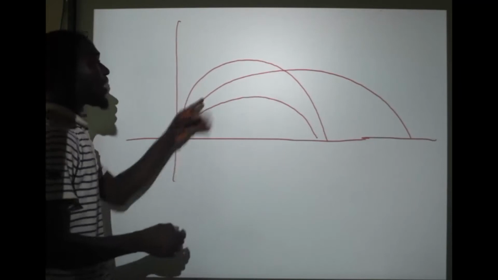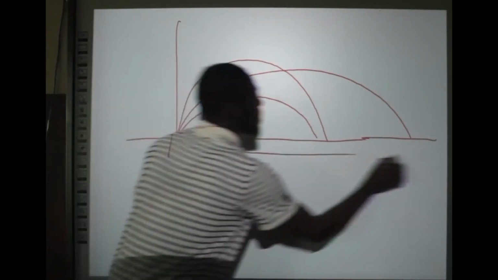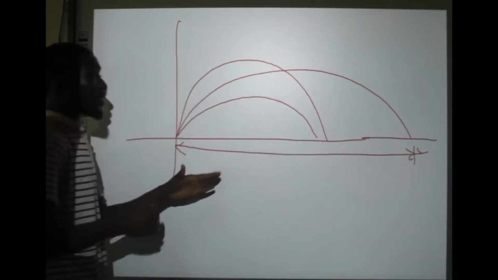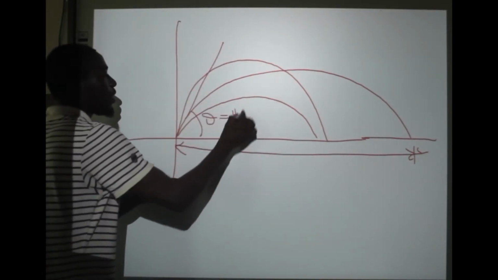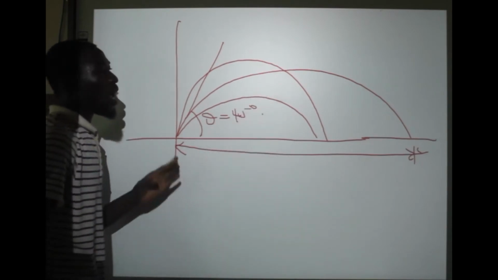You understand? So for you to have the maximum horizontal distance, the angle which the initial velocity makes with the horizontal must be equal to 45 degrees.